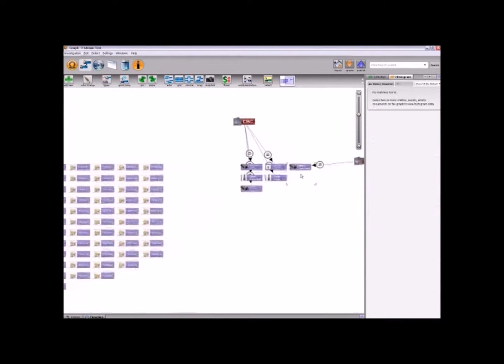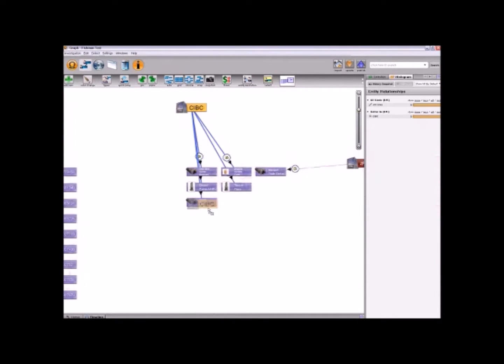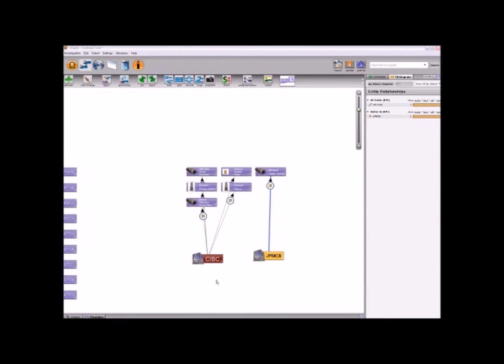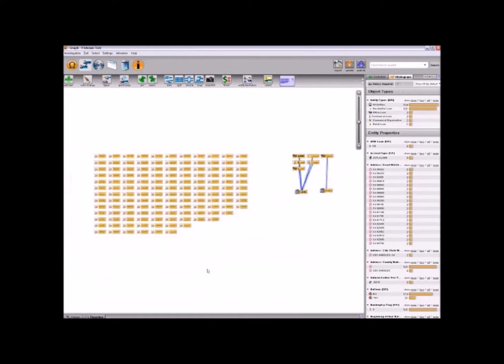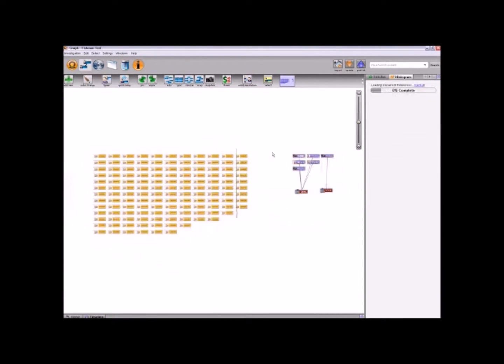On the graph, I can see that CIBC originated and then sold 5 of the mortgages, while JP Morgan Commercial Bank originated and sold the other one. Commonalities like this may be important when trying to understand fraud that took place at the origination level, since each seller is likely to have used the same tricks for many of the mortgages they sold. But let's step back and look for the structures that are collateralized by these loans.